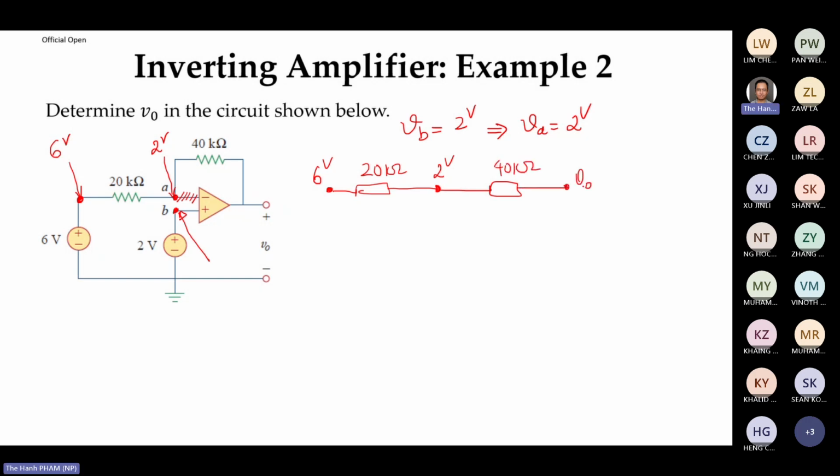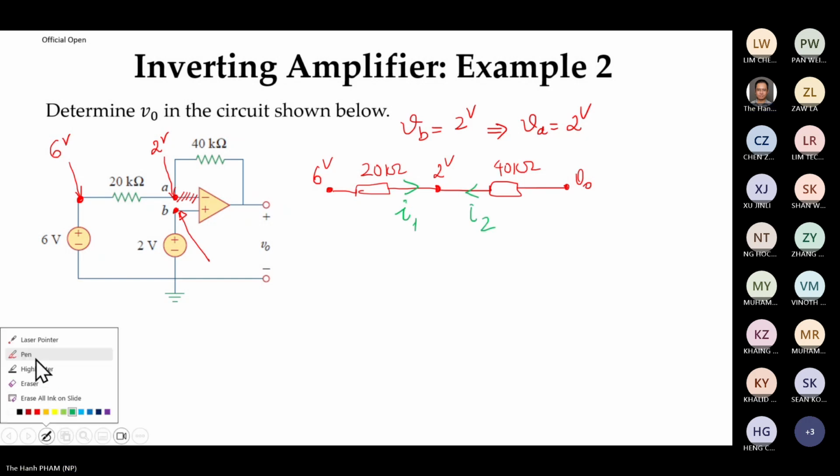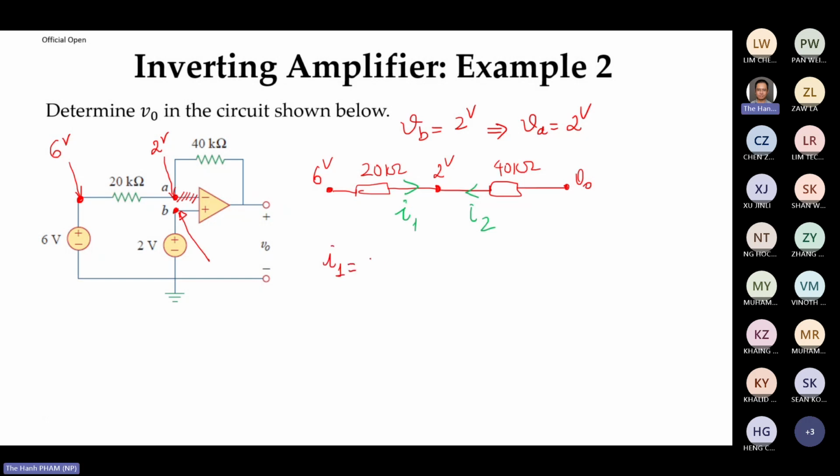Here we are. Now imagine if I have here is I1 and here is I2, for example, I change the direction a bit. So the I1 is nothing but just 6 minus 2 over 20 kilo.